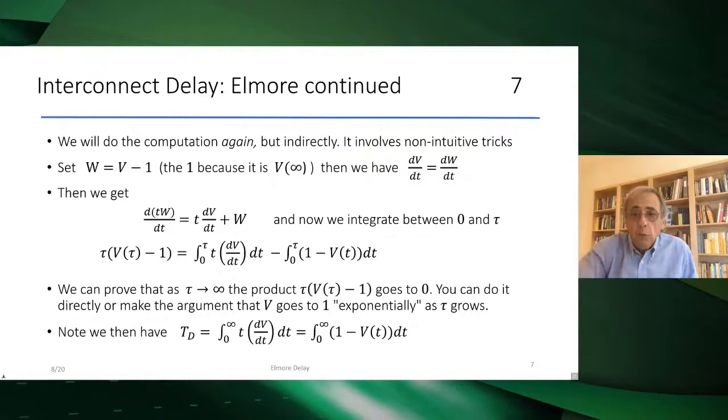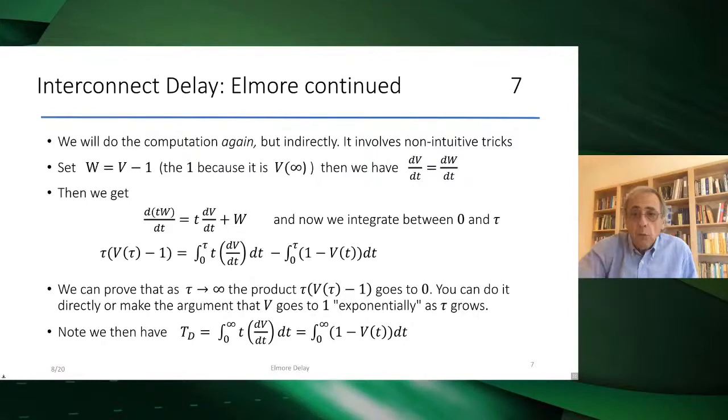But now we can do something more tricky. We can try to define and compute this mean, meaning the Elmore delay, without explicitly calculating the formula for V of t. And this is very important because if we try to apply this to a tree, we cannot have a closed formula for the differential equation.